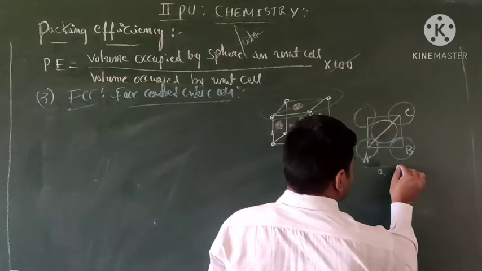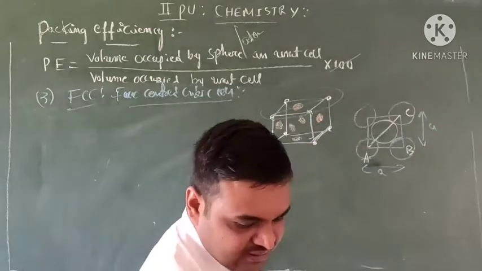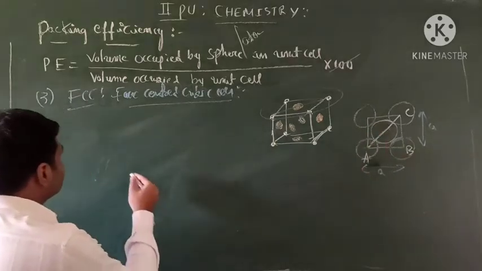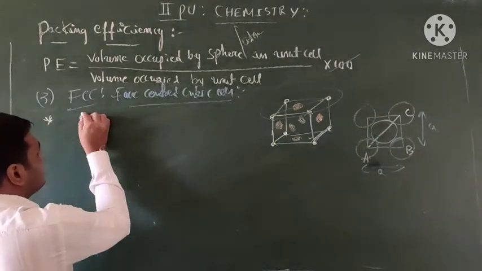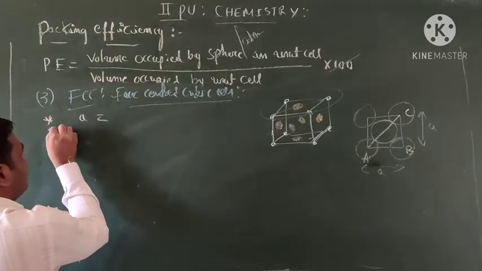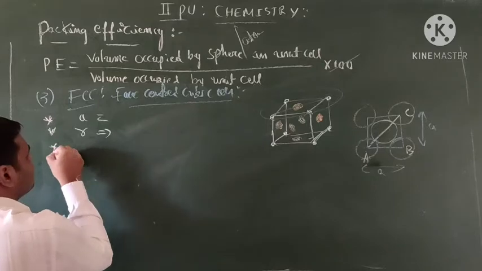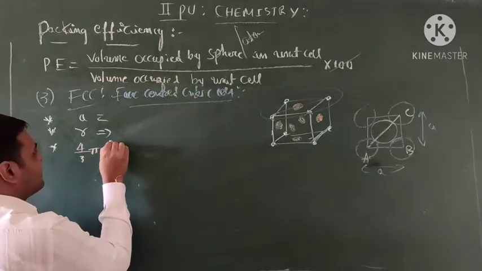The edge length is A, and this is also A. Now, one by one: first, the edge length is A, which you can calculate, and R is the atomic radius. You can get the value of one sphere: the volume of one sphere is 4 by 3 pi r cube.